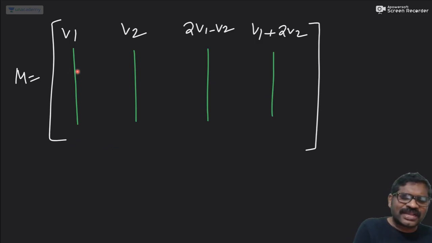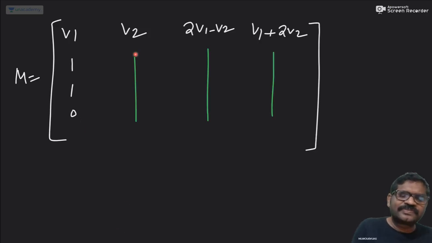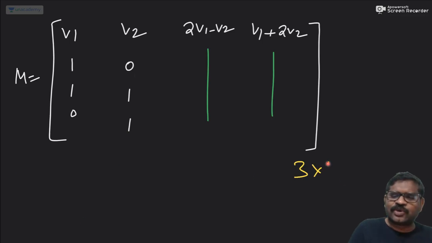V1 is a 3 cross 1 vector, (1, 1, 0), and V2 is (0, 1, 1). So we can understand that there are 3 rows and 4 columns.